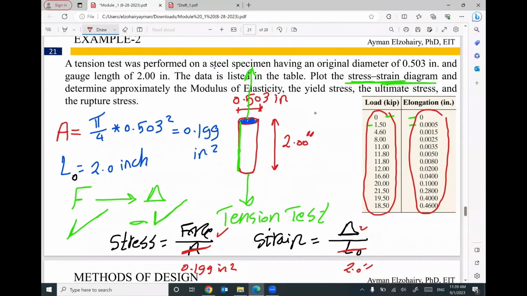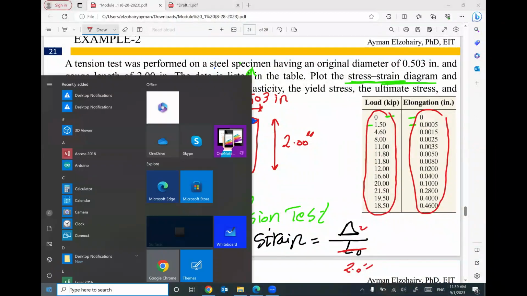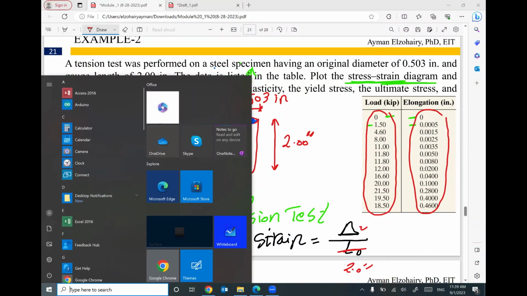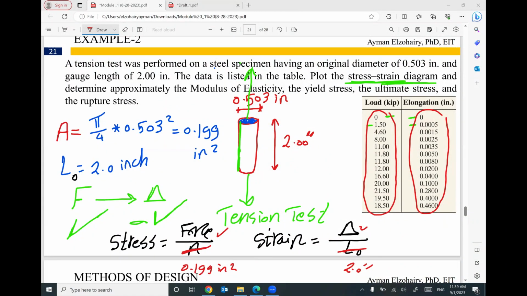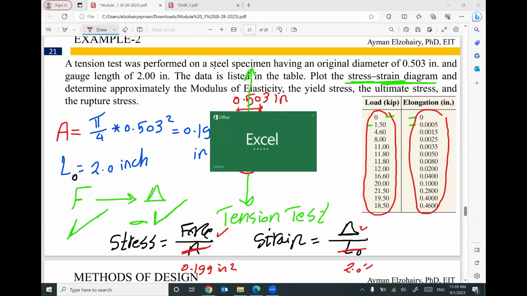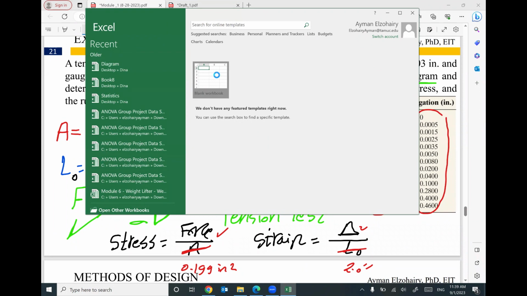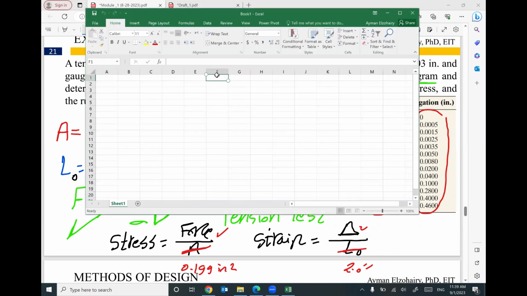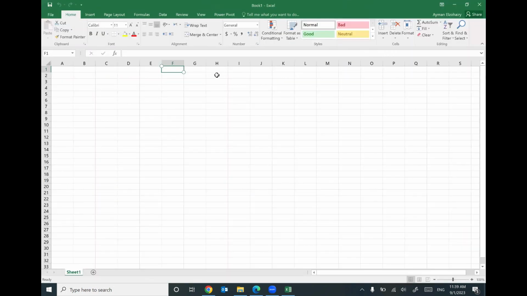So how can I do this example? I will do it using Excel. So let me open Excel. Do you think we have Excel? I think so.